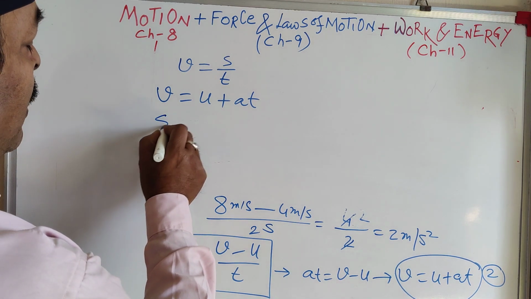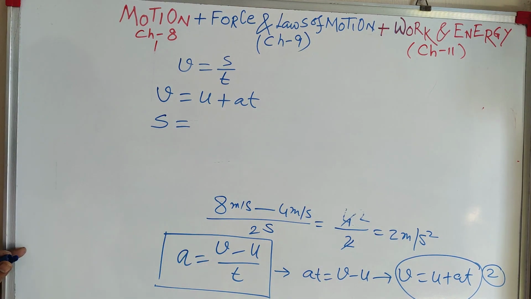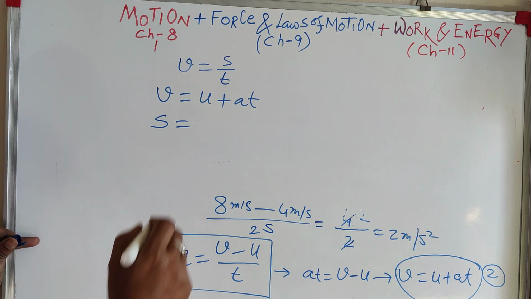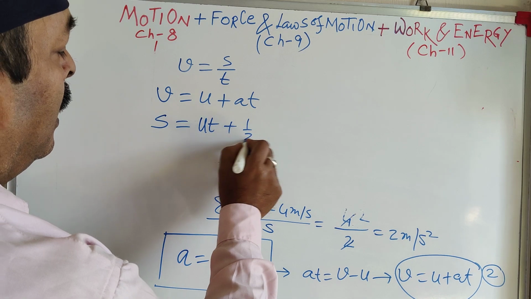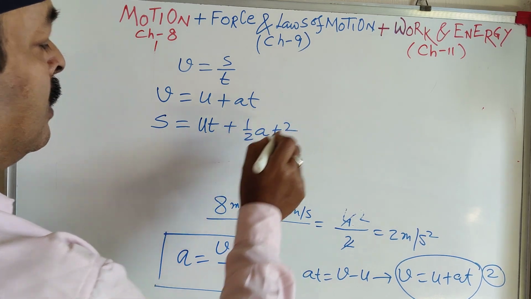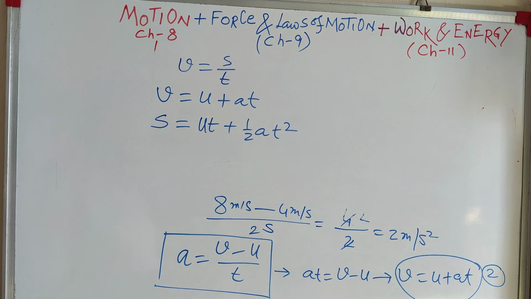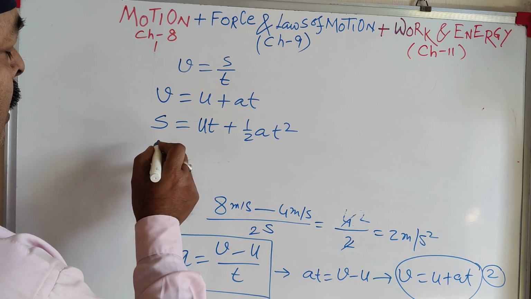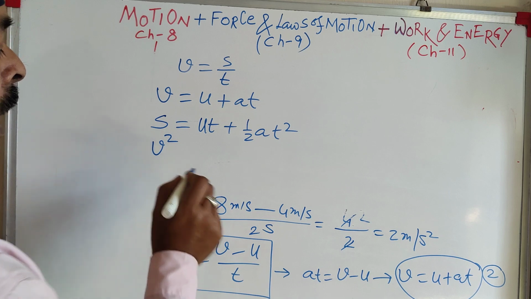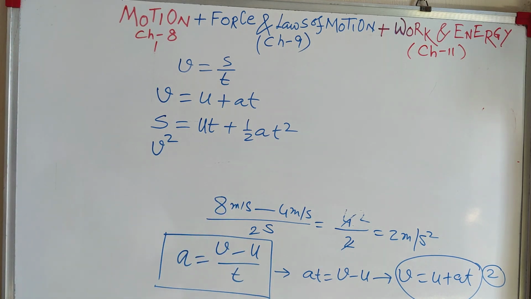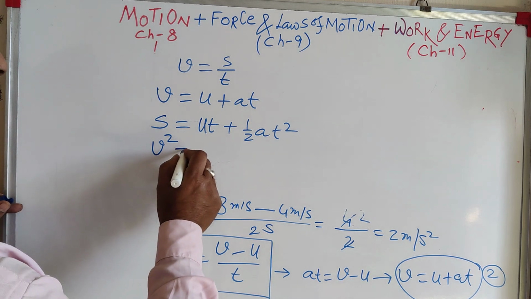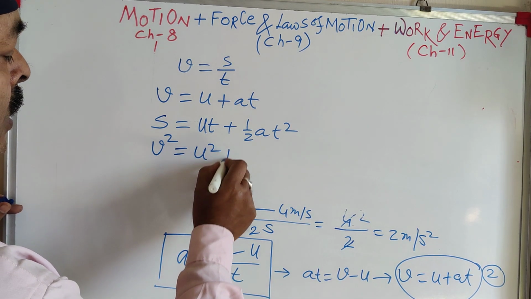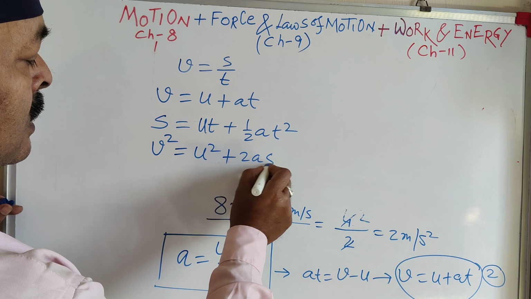When it is covering some distance, or displacement, the formula will be S equal to ut plus half at square. I am not going to discuss in detail how the formula comes; that will be in another video. When the time is given in the problem, this formula is applicable. If time is not given, then V square is equal to U square plus 2AS.